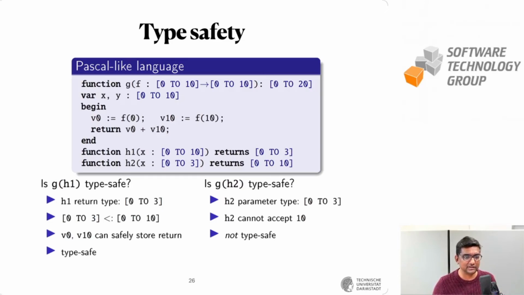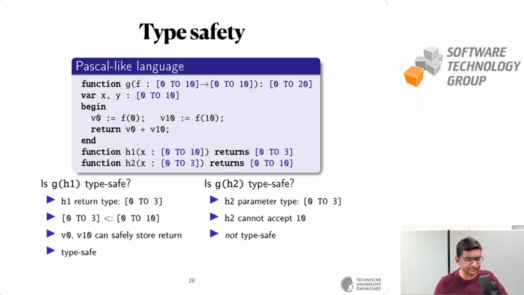And then what this essentially does is that it adds the computations of performing f on the value 0 and f on the value 10, and then it adds both of them and returns the value, right? Now the question, and of course there are a couple more functions: h1, which takes in a value x in the range 0 to 10 and returns a value of type 0 to 3, and h2, which takes in 0 to 3 and returns a value of type 0 to 10, right?